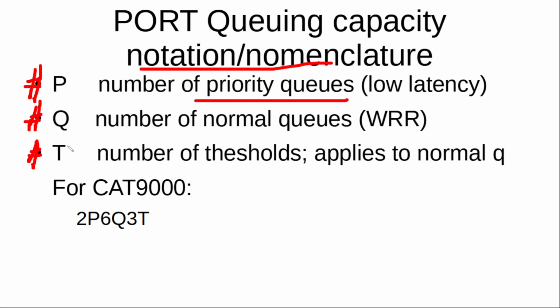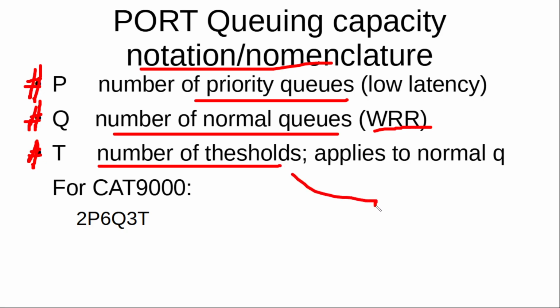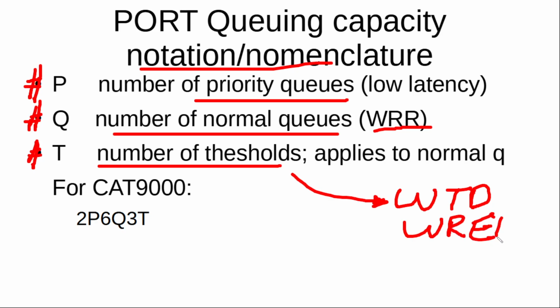The number that precedes the letter Q will let you know the number of normal queues that your hardware is able to provide to you, and those queues will be subject to your scheduling algorithm. For instance, weighted round robin. And then the number that precedes the letter T will let you know the number of thresholds available for your normal queues. These thresholds are used when you configure weighted tail drop or weighted random early detection.